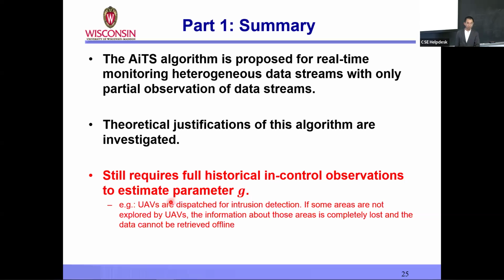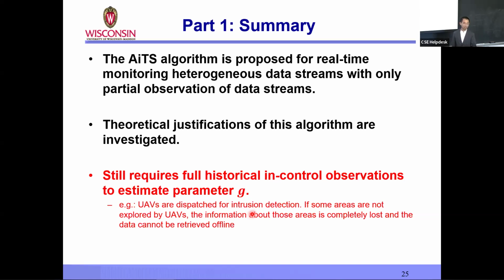Let's say in military applications, we have UAVs, and those UAVs are dispatched to monitor for intrusion detection. However, due to the high cost of the UAVs, not all the areas are explored. If some areas are not explored by the UAVs, the information about those areas is completely lost, and the data cannot be retrieved offline.